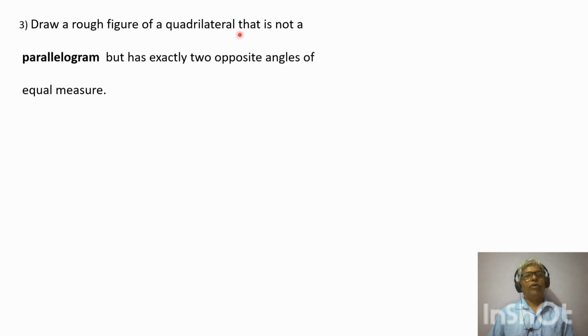Different type of problem. Look at this. Draw a rough figure of a quadrilateral that is not a parallelogram but has exactly two opposite angles of equal measures. See, you are supposed to draw a quadrilateral which should not be a parallelogram but has exactly two, not all four. Remember, only two opposite angles of this figure should be equal in measure.